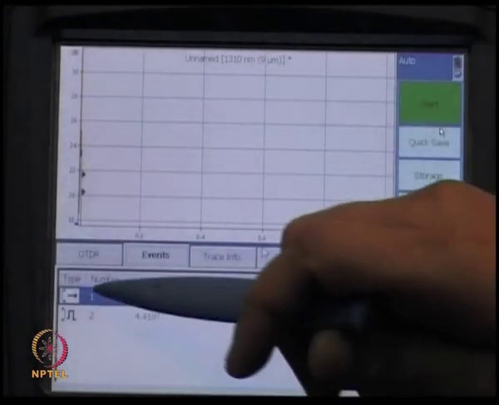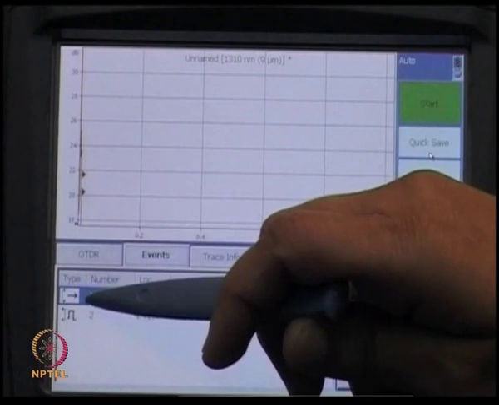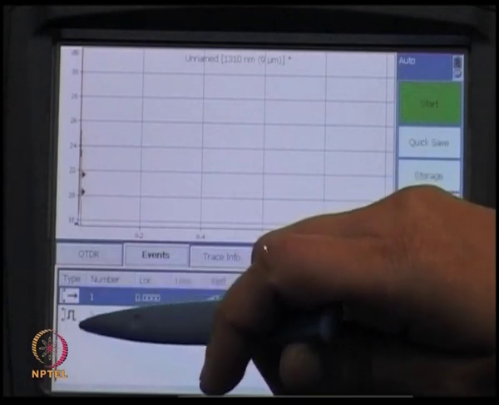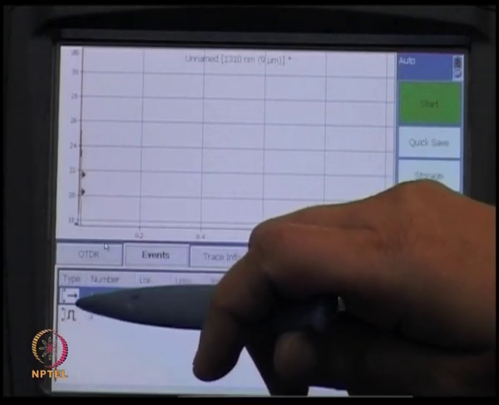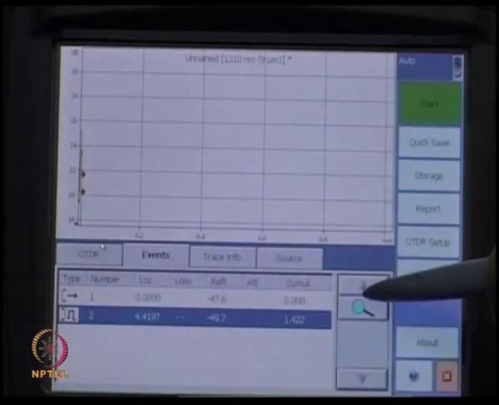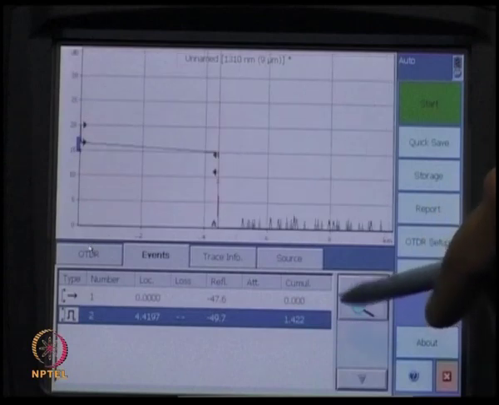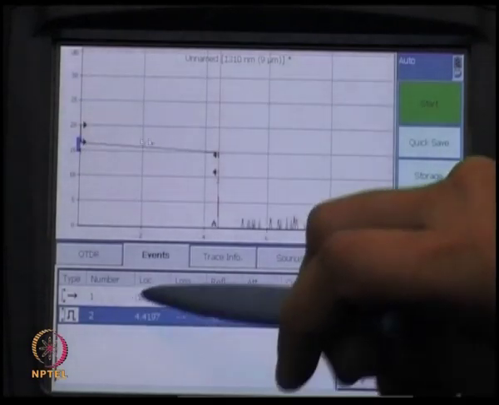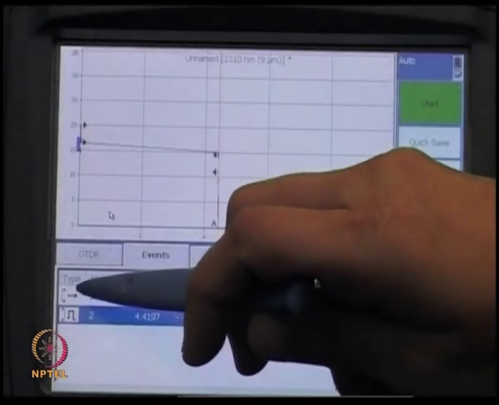The data is collected now and it is displayed. So, you see this is the trace of the OTDR.